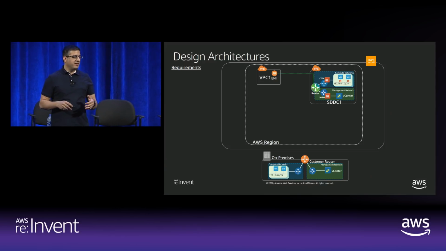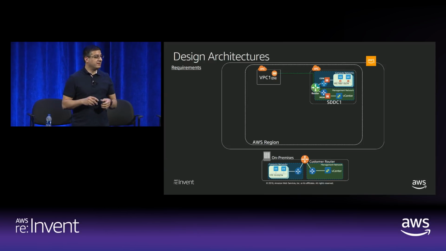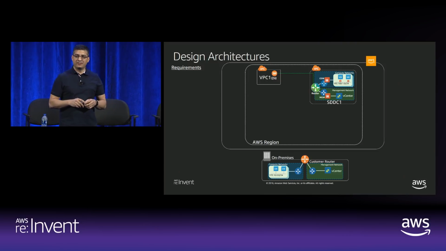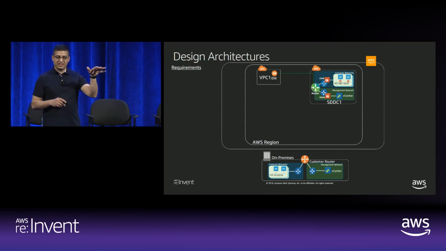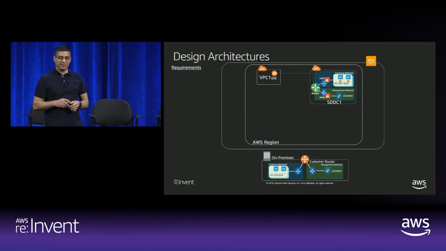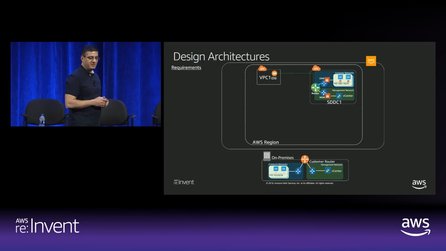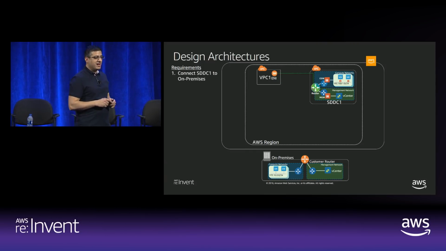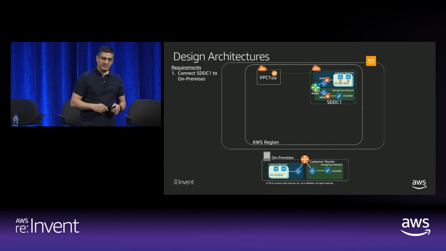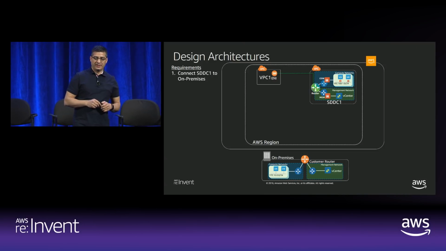We'll start with a single SDDC, which we'll call SDDC1. SDDC1 has a connected VPC1, meaning the VPC where you have your VMware endpoints, and you have a customer on-premises data center. The first requirement is to enable connectivity between SDDC1 and on-premises.